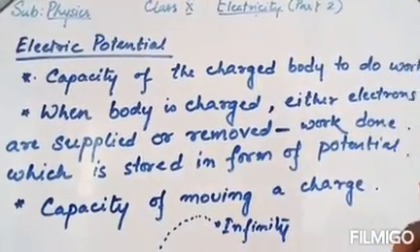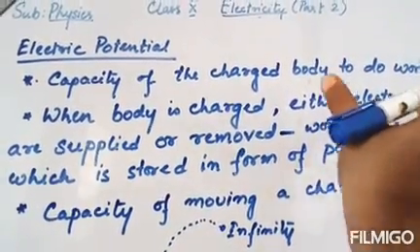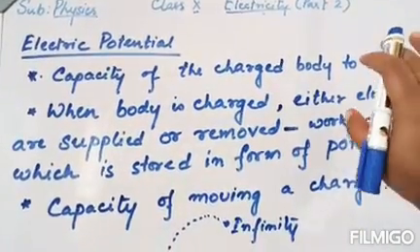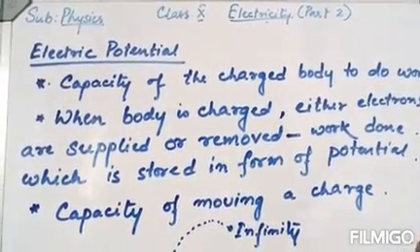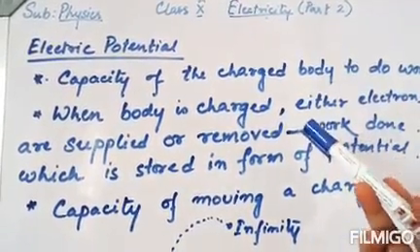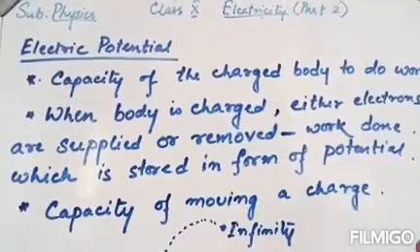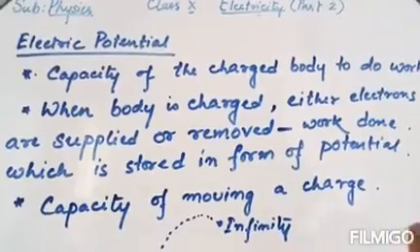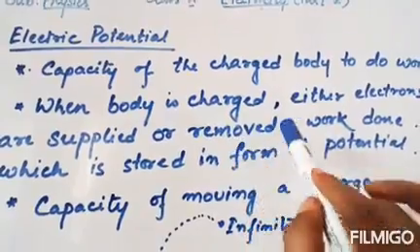In the case of the battery, one end has an excess of electrons and the other has a deficit of electrons. So either electrons will be moved or electrons will be supplied. In both cases work will be done, and it is stored in the form of potential.